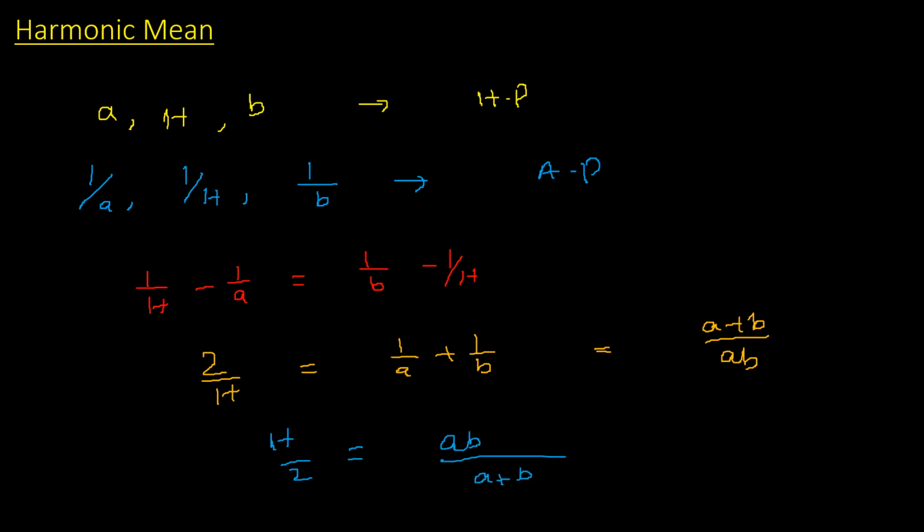And then this 2 will multiply with this, and we get H equals 2ab/(a+b). So this is the formula for finding the harmonic mean between any two numbers.